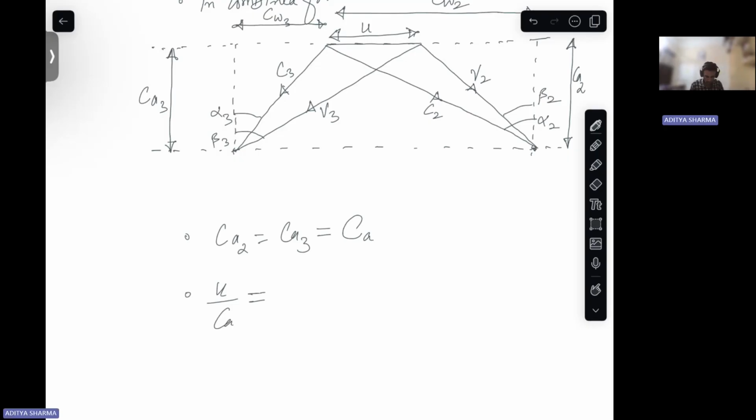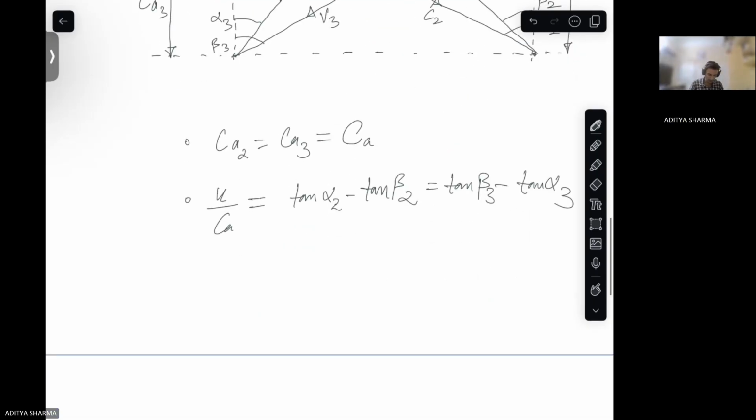What we can attain is this relation. This relation you will see in lecture number 34. This has been explained to us, right? And from this, you can get tan alpha 2 plus tan alpha 3 is equal to tan beta 2 plus tan beta 3.